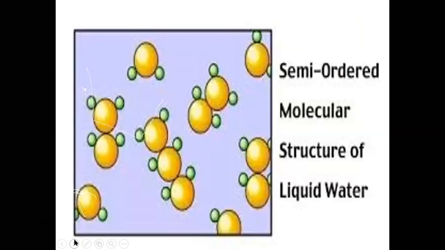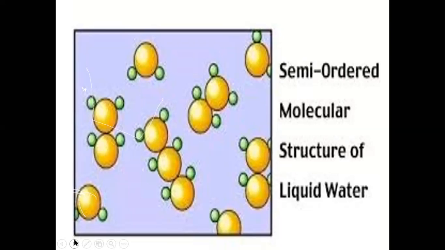For the liquid state, I'm not going to call it disordered matter. I'm going to call it semi-ordered, because it is an in-between state between the solid, which is highly organized, and the gas state, which is non-organized at all.